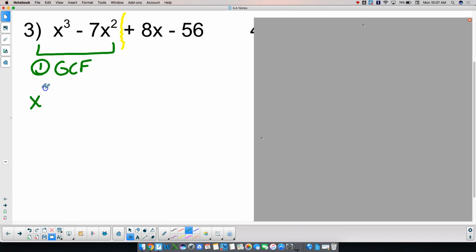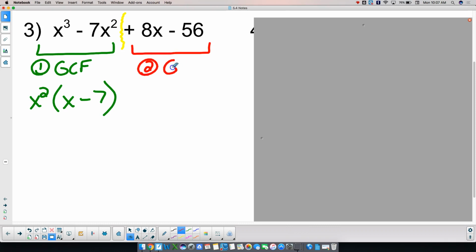What's left over? X minus 7. Then I am going to GCF the right side. What's the greatest common factor there? 8. What's left over?